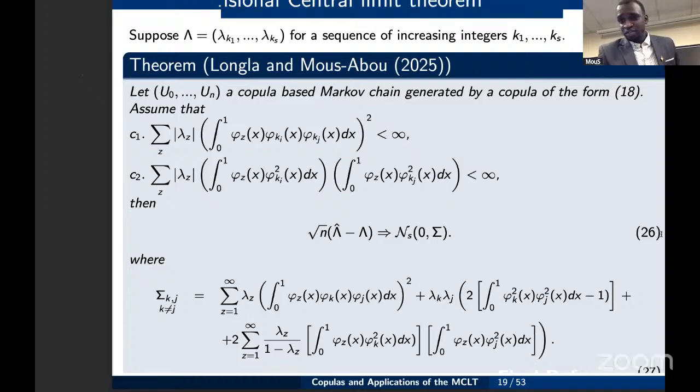And this equation makes sense as long as conditions C1 and C2 are satisfied, so that we have a finite variance-covariance matrix. These conditions are necessary for this to hold. And the components of the matrix sigma are given by equation 27.